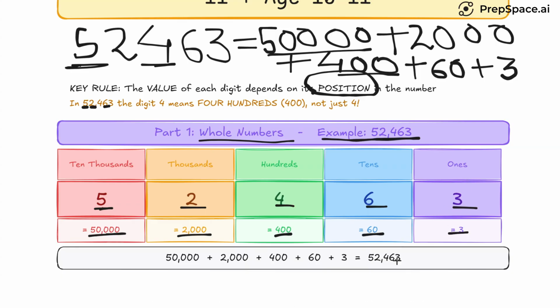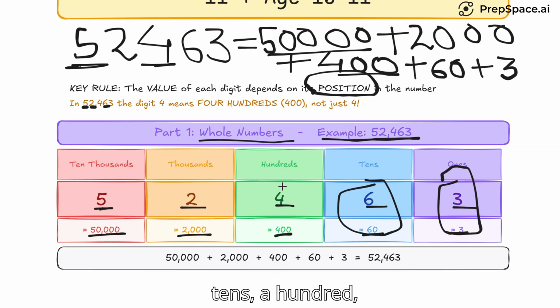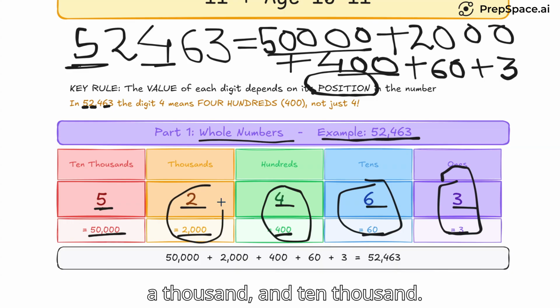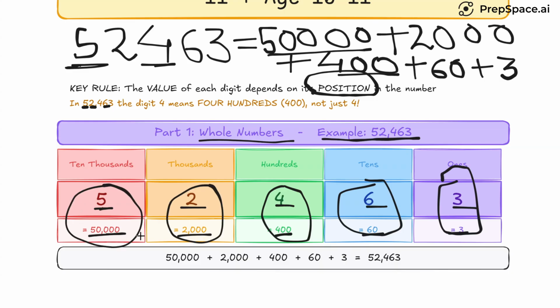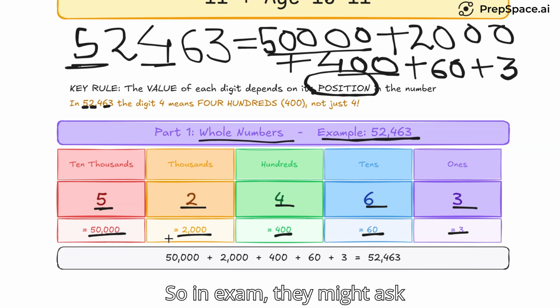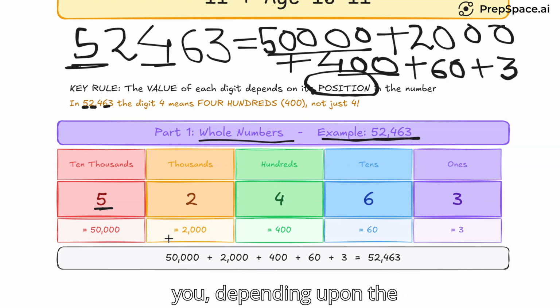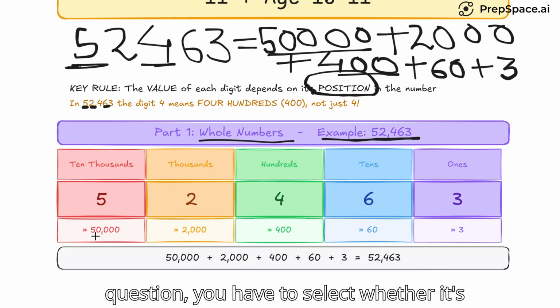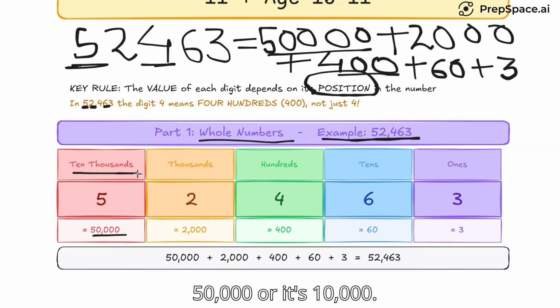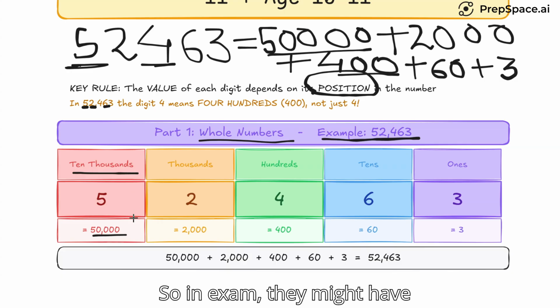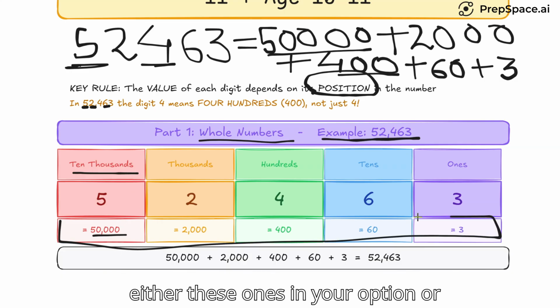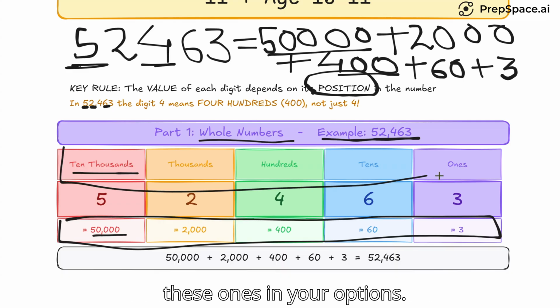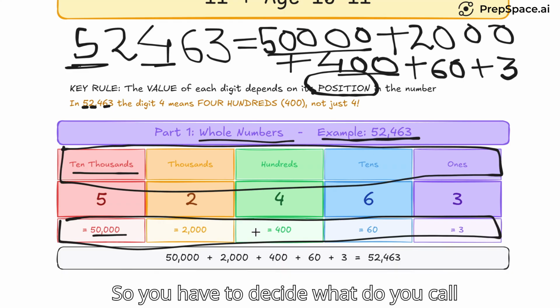So we call this ones, tens, hundreds, thousands, and ten thousands. In the exam, depending upon the options they have given you in the question, you have to select whether it's 50,000 or 10,000. They might have either of these in your options. So you have to decide what to call it.